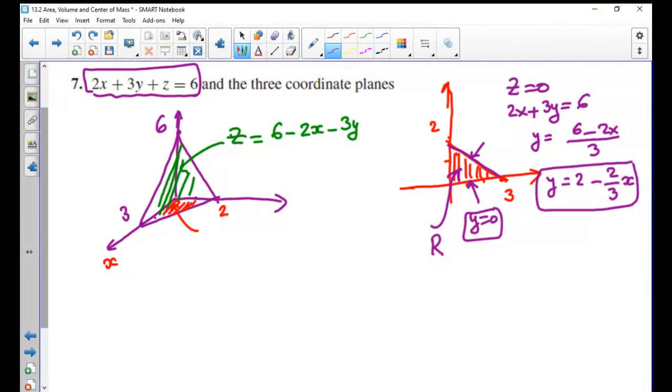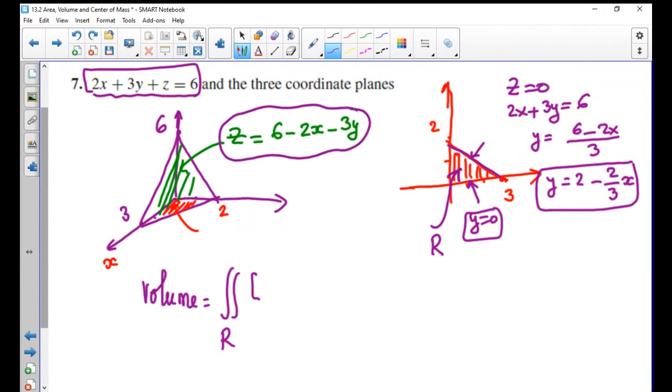So once I've done all of this, this is like preparing everything. Now I can write that the volume will be the integral over R of, what do I put here? 6 minus 2x minus 3y. The cover, yes, the cover. 6 minus 2x minus 3y dA.